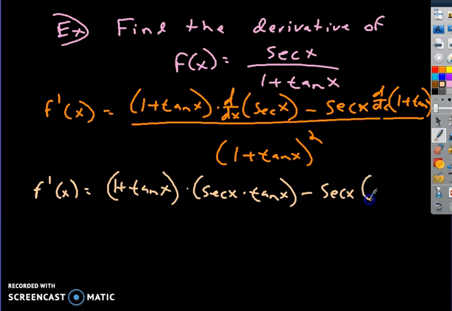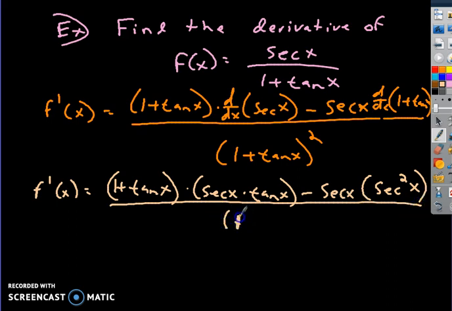And then the derivative of this function is, derivative of 1 is 0, so it's basically derivative of tan. So that's secant squared x. Secant squared just means secant times secant. That's what it means by secant squared of x. That's over 1 plus tan quantity squared.